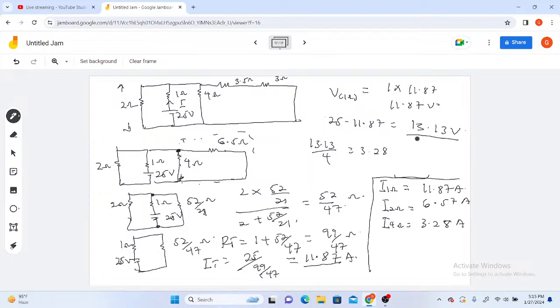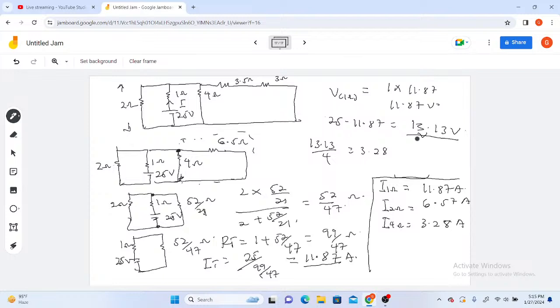The next thing is to find the current across these two, 3.5 ohm and 3 ohm, but they are in series. And you realize that the voltage across this is the same as the voltage across this side. So the entire voltage across this 6.5 is what? 13.13. But the 6.5 has two components which are in series, so voltage division sets in.